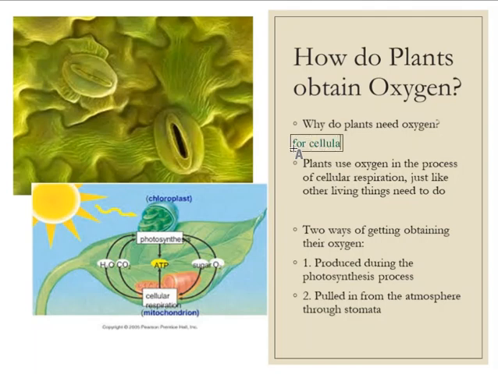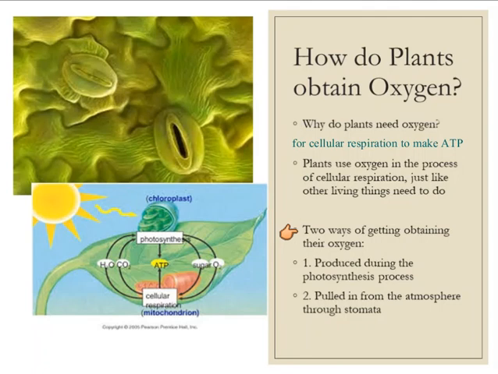And cellular respiration is a fancy way of saying taking glucose and converting it into ATP. And you need oxygen to do that because if you consider cellular respiration like the process of burning something, burning glucose in this case, you have to have oxygen for fire to happen. So it's the same concept.